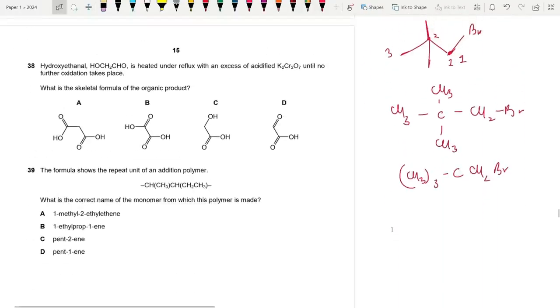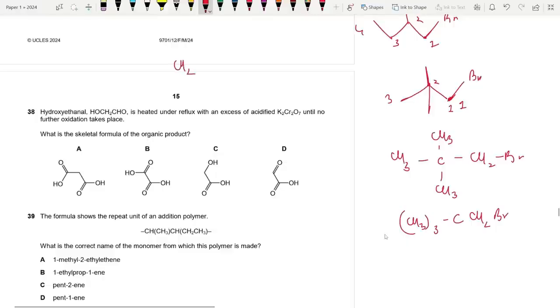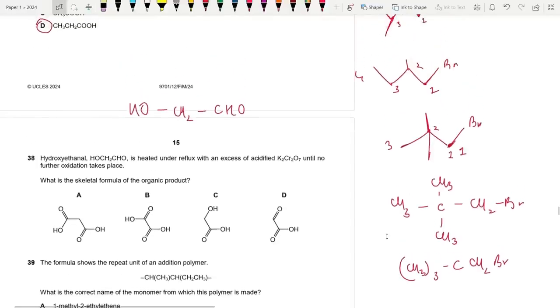Last 3. Hydroxyethanal is heated under reflux with an excess of acidified K2Cr2O7 until no further oxidation takes place. Okay, so let's try to figure this out. CH2OH and CHO over here. So basically, this is a primary alcohol. The primary alcohol will be converted to an aldehyde first, CHO, and then the aldehyde also gets oxidized to form a carboxylic acid.